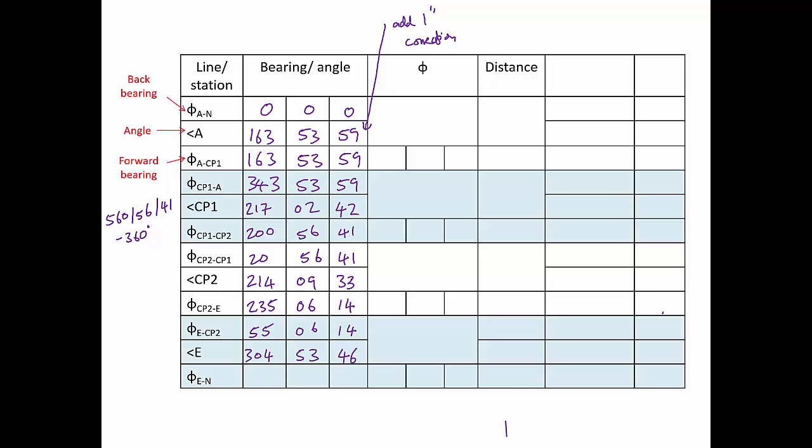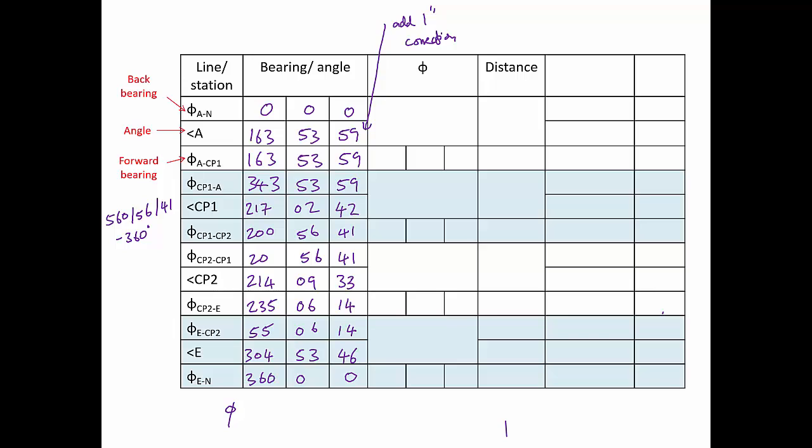Now here's the test, because if I add this number to the angle at E, and I've done my corrections properly, I should get my initial back bearing back at the end. So I'm adding 55°06'14" to 304°53'46", and now we get 360°00'.